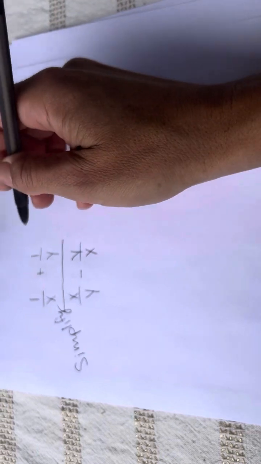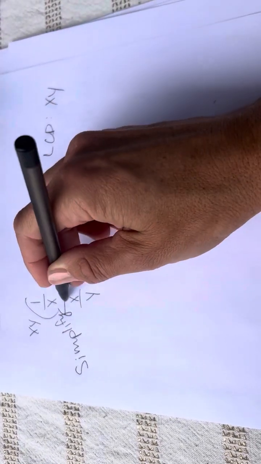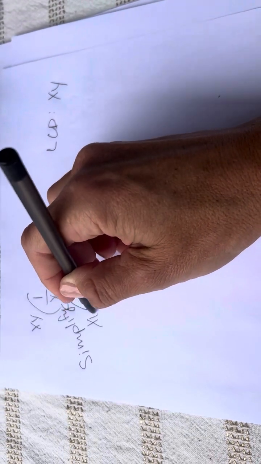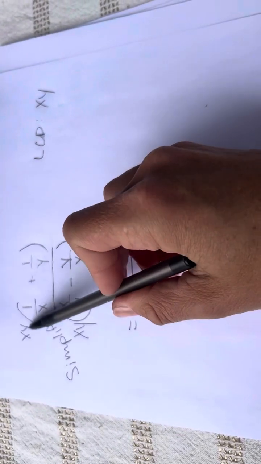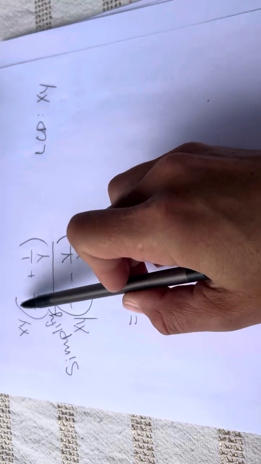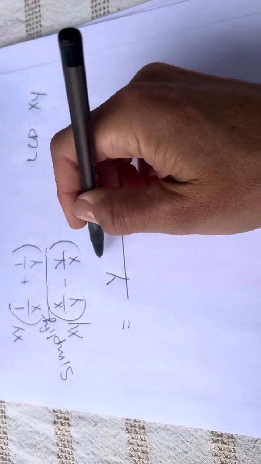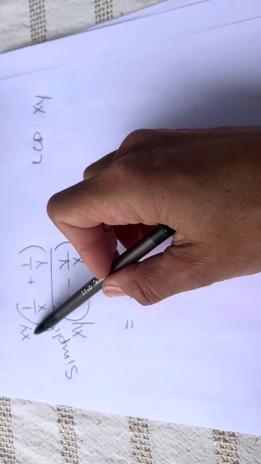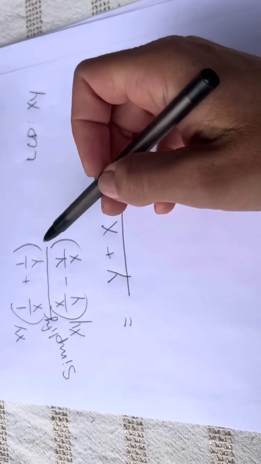So now I will just multiply my numerator and denominator by the LCD. We're going to use the distributive property. So I'm going to multiply xy times 1 over x, which is going to leave me with y. Bring over the plus. Xy times the 1 over y will leave me with x.